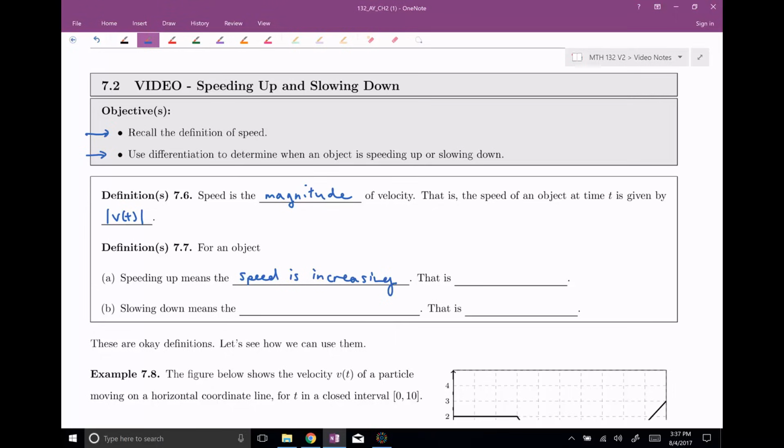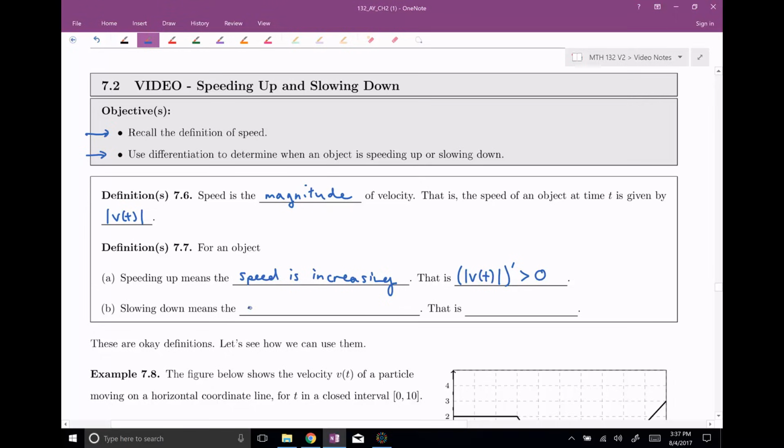So if you were to take the derivative of speed, well, you want this to be positive, right? It should be going in this positive direction. It should be increasing. So already this looks scary, right? Because you're taking the derivative of something with an absolute value. That's not going to be fun. But we'll see how to get around that.